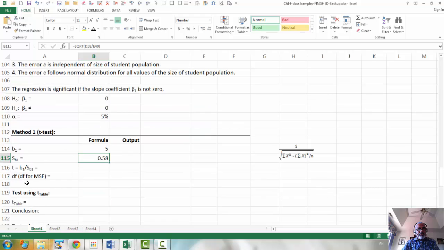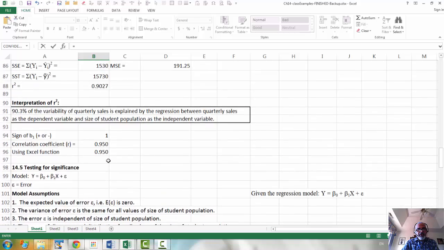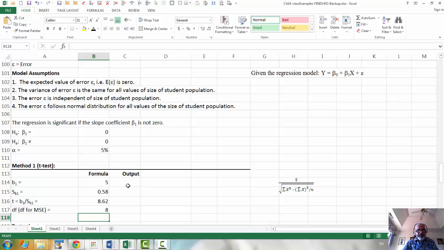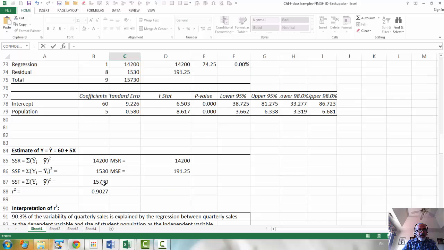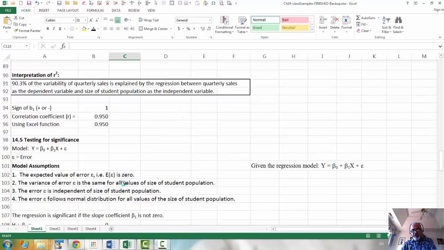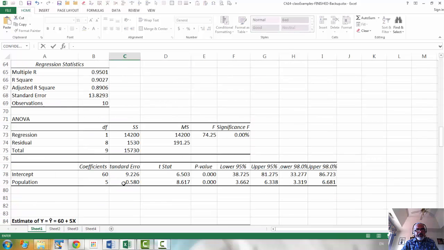Now B sub 1 divided by S sub B sub 1 will give us the t statistic value, and the degrees of freedom always comes from the error. The same information can be found from the regression output as well. If you look at the regression output from the data analysis command, here is the coefficient. S sub B sub 1 is right next to it.